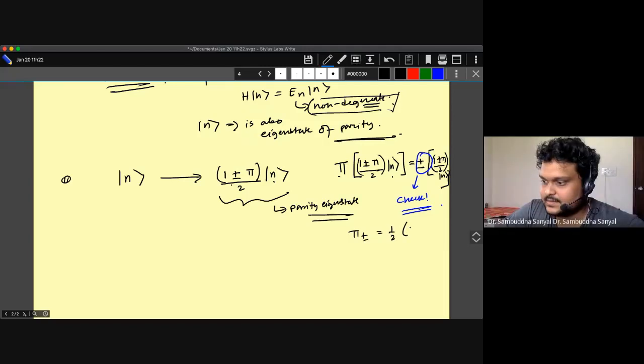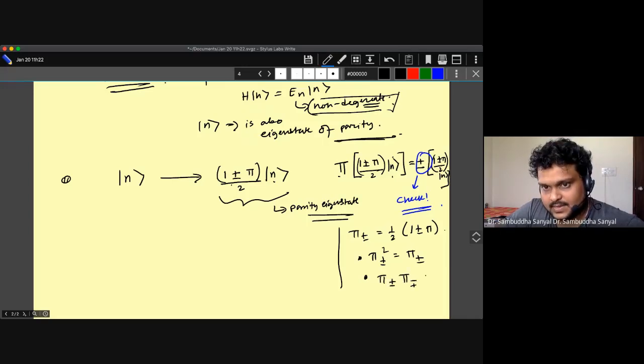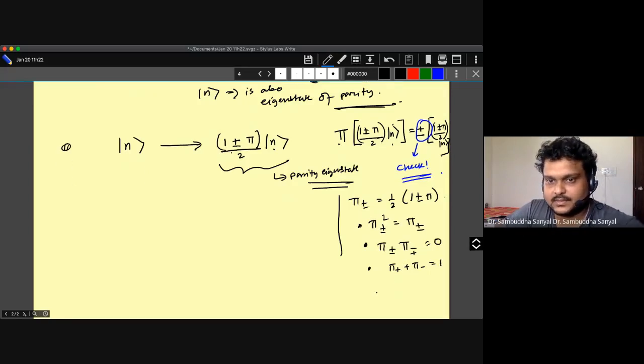So these are some properties of this operator, which you can use to verify this. First, Π± squared is Π±, Π± Π∓ is 0, Π+ plus Π- is 1, which is obvious, and Π Π± is ± Π±.